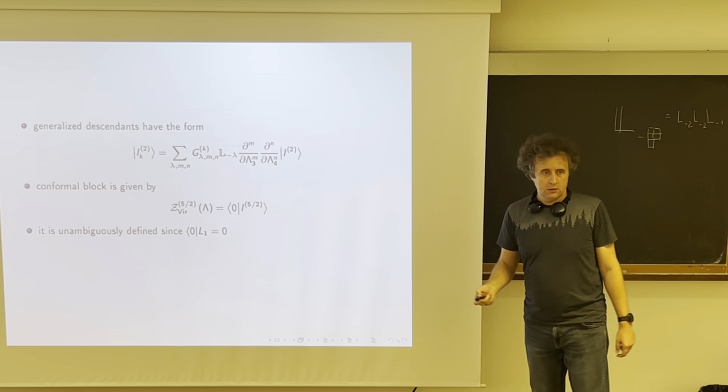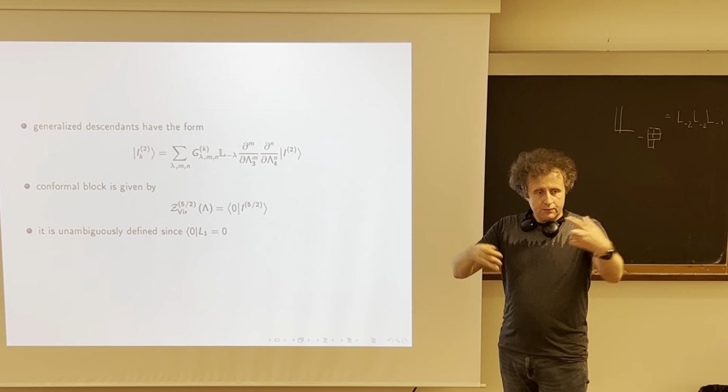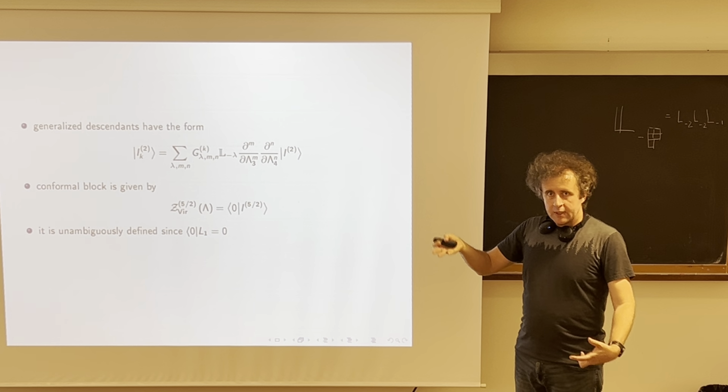One of the reasons is that we have not taken into account the global conformal symmetry. For example, if you take a Whittaker state and act on it by something like exponential of L0 or exponential of L1, this will give a new Whittaker state, but with eigenvalues which are rescaled in some way.